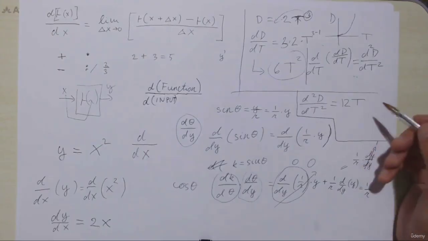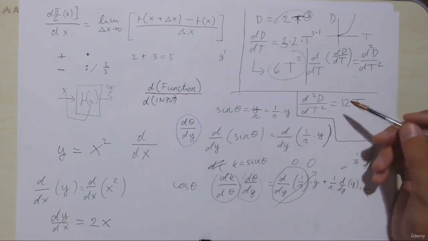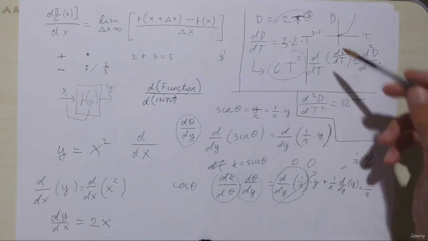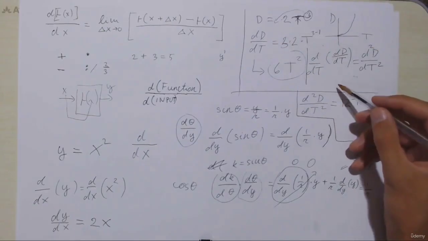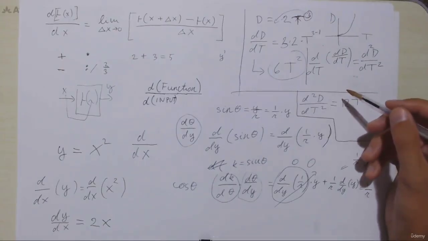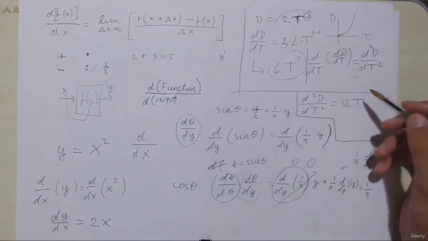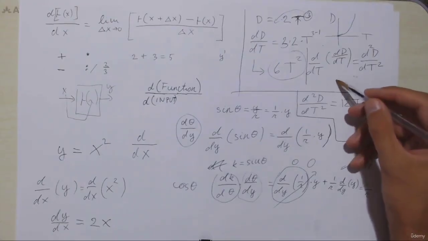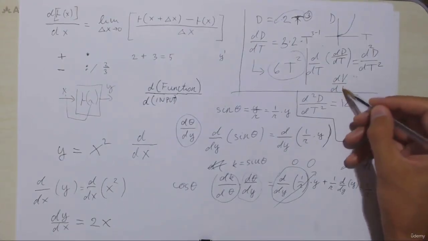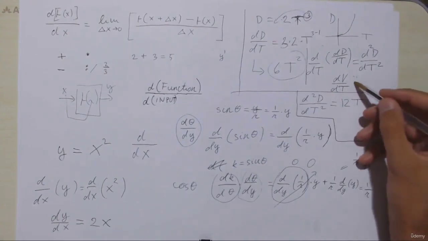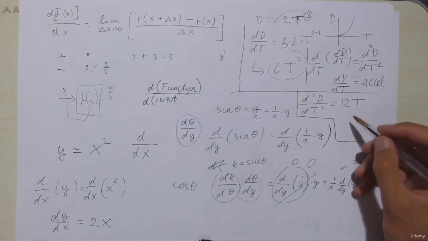But what is it? What is a double distance derivative with respect to time? If I take this derivative once, then I have velocity, right? The change of distance in a certain direction with respect to time, it's velocity. But if I take the change of velocity with respect to time, then I get acceleration, right? And what is acceleration?